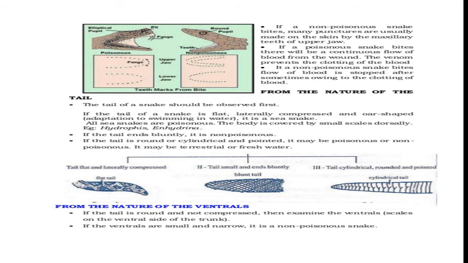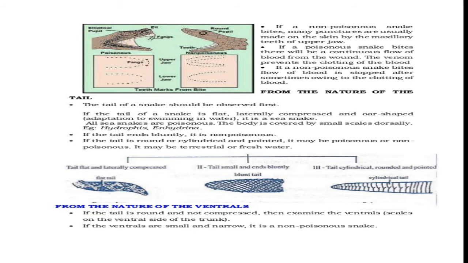Now the second thing we are going to discuss is the nature of the tail. In this slide, you can see that the tail of the snake should be observed first, whenever a snake bites.